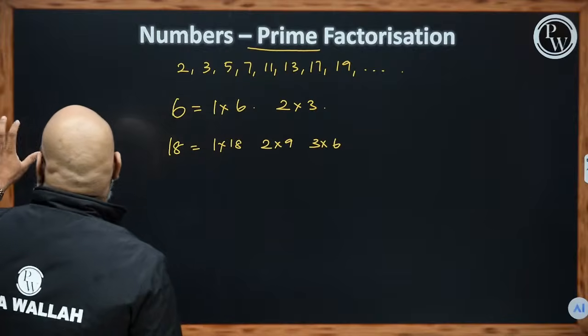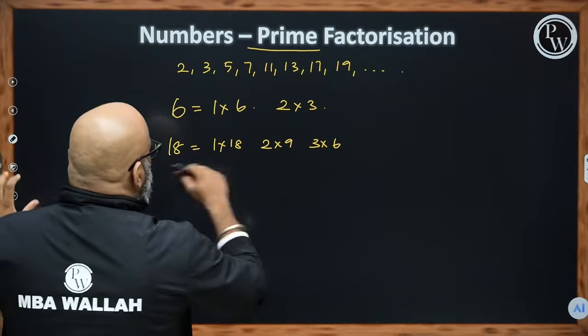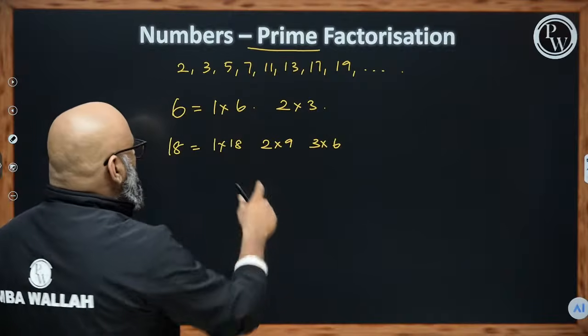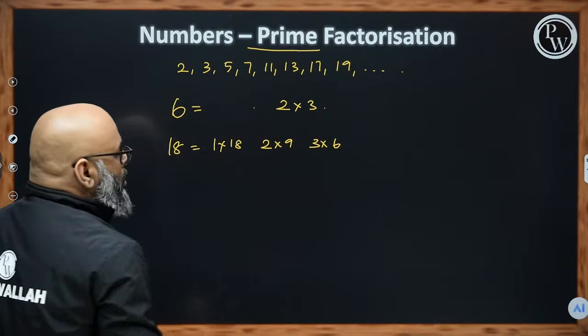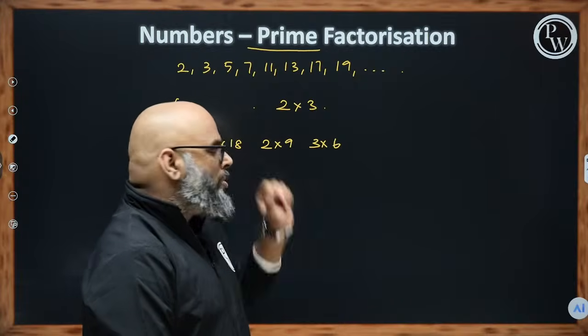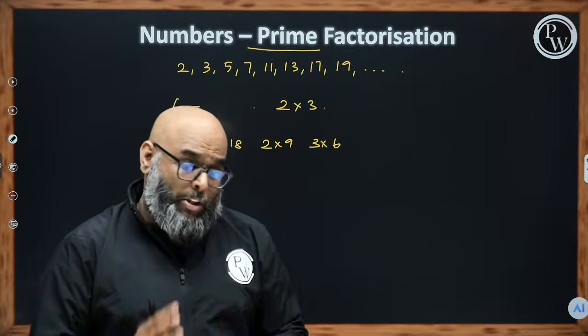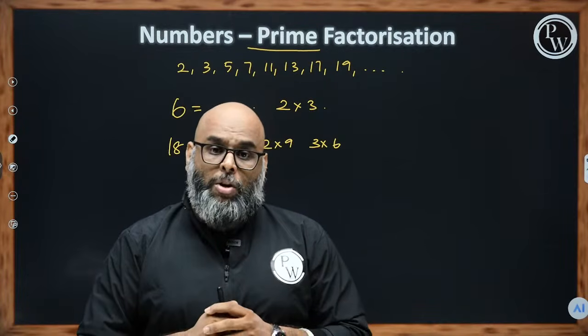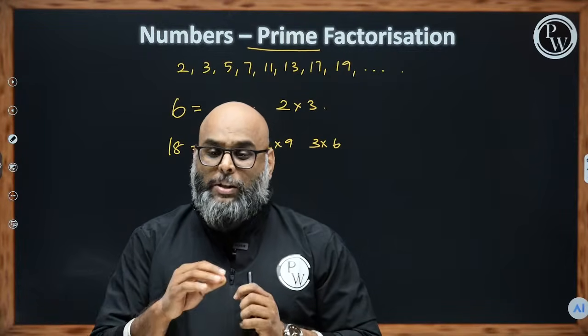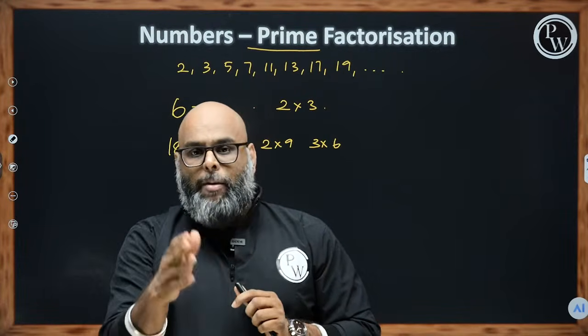How is that possible? For example, take 6. 1 into 6, 6 is a composite number, I don't take that. 2 into 3. Is there any other prime combination that will give you 6? No. It's the only prime combination. That's the only way you can write 6 as a product of prime numbers.